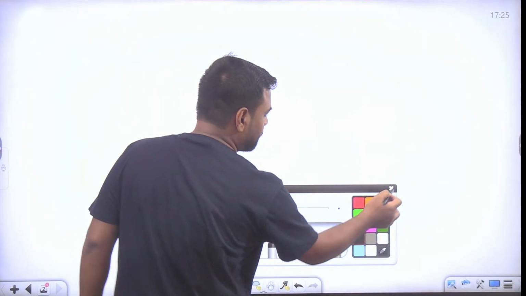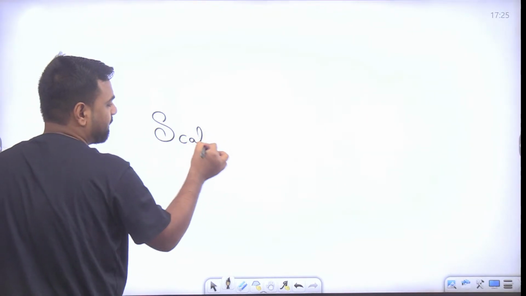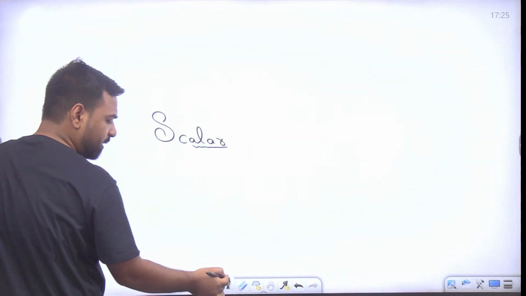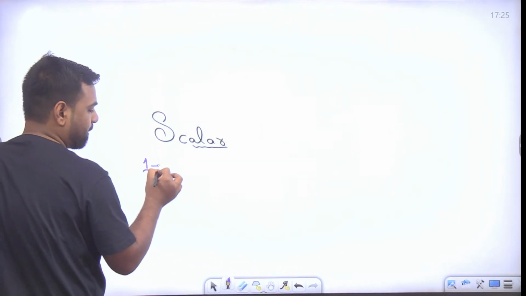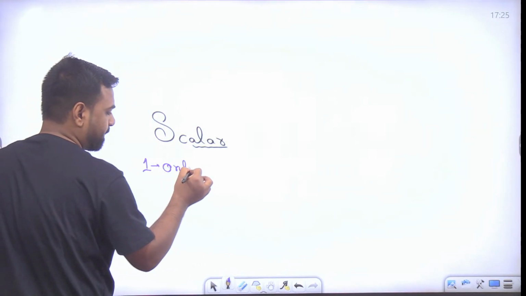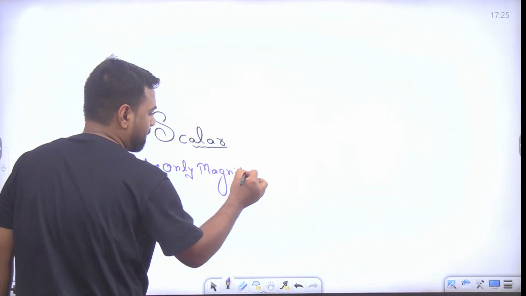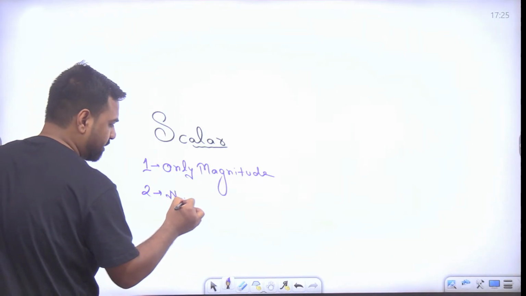So what we have discussed till now. If someone asks you about scalar quantities, point number 1: only magnitude. Second, no direction.